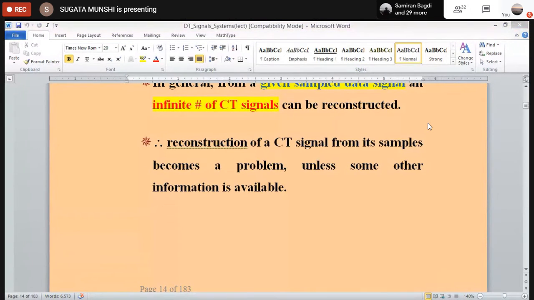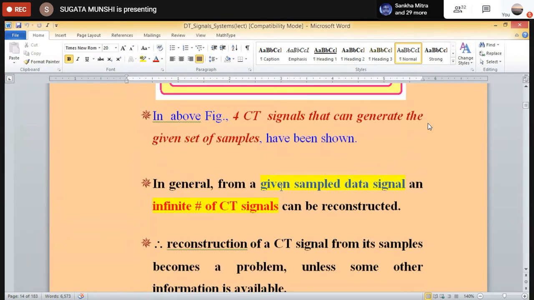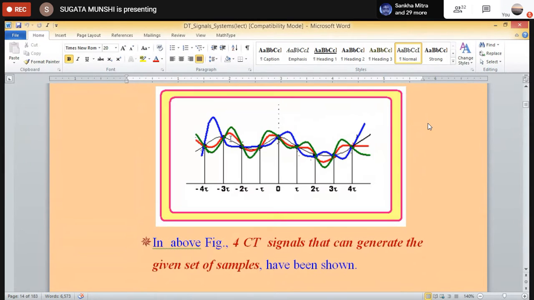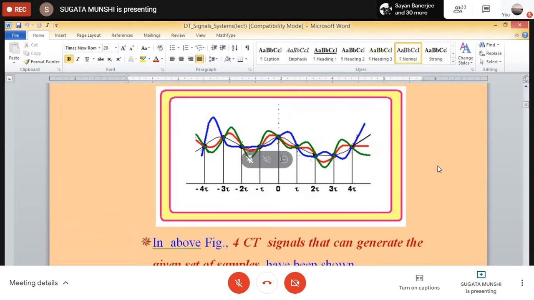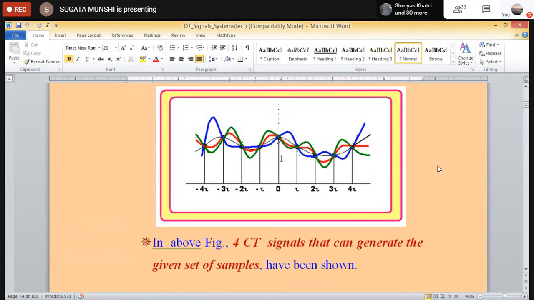Because those signals had high frequency components, this oscillatory nature, that could not be detected by the mathematical interpolator. Therefore, some bound or restriction on the sampling frequency should be introduced, depending on the frequency or the bandwidth of the signal. That's what we want to study here.